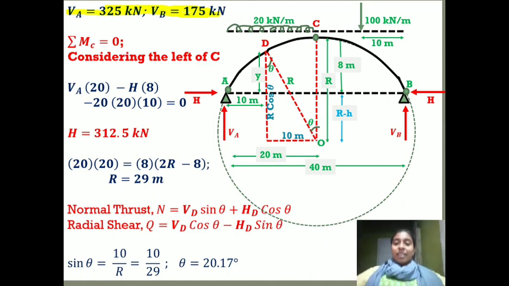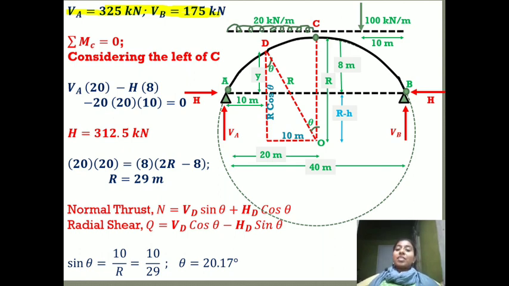While taking sigma MB equal to 0, we considered all the moments to the left of B. Now, while considering sigma MC equal to 0, we have to consider either the left of C or the right of C.